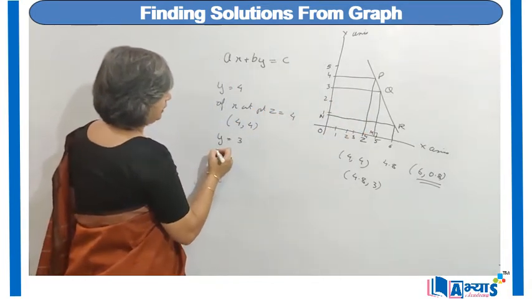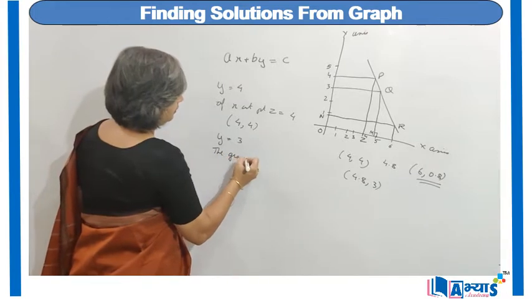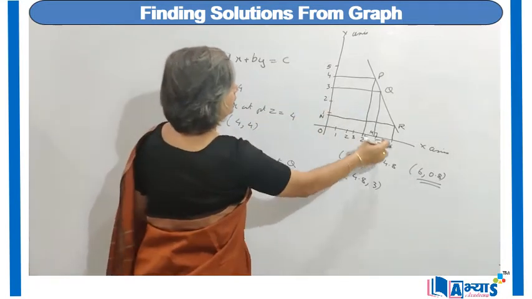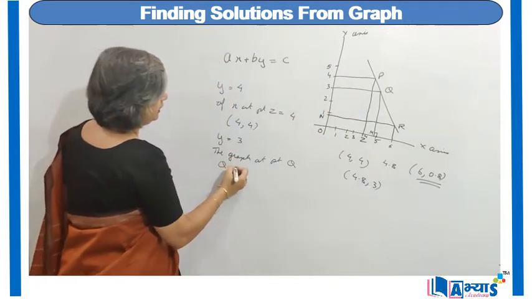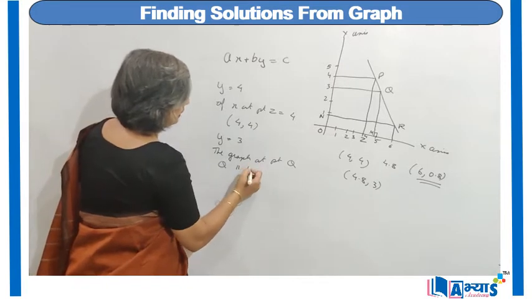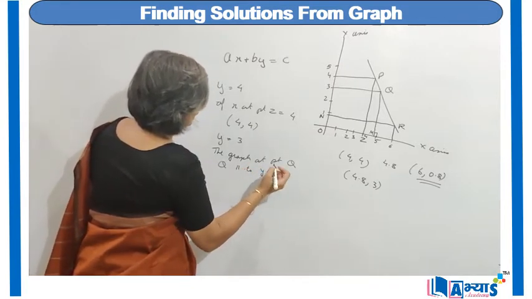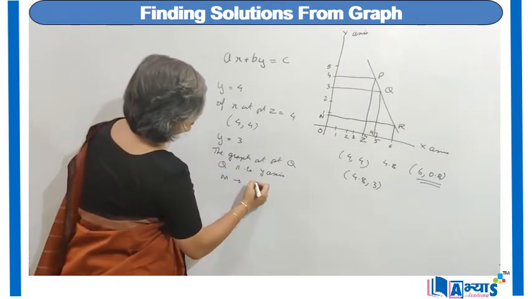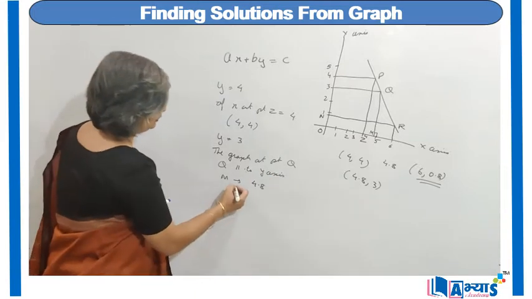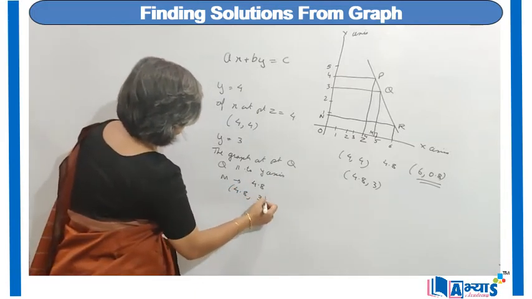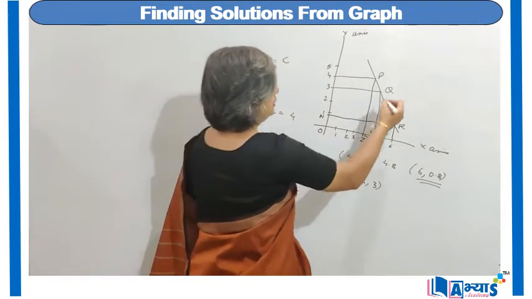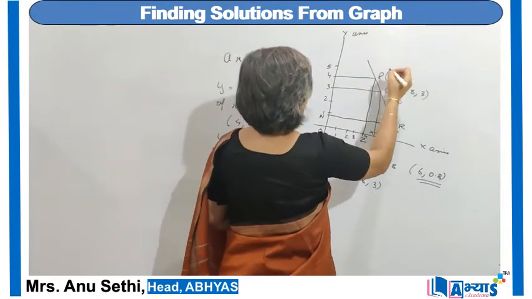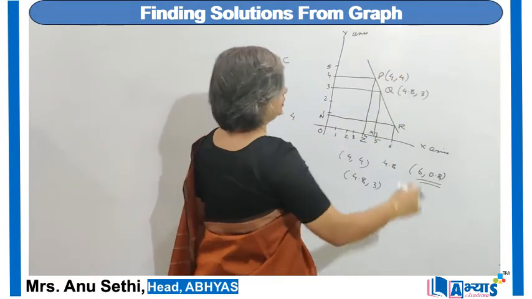It met the graph at point Q. From Q we draw a line parallel to the y-axis. It cut the x-axis at point M, and the value at M is 4.8. So the solution was (4.8, 3), because at this point x is 4.8 and y is 3. Similarly at this point x is 4 and y is also 4.